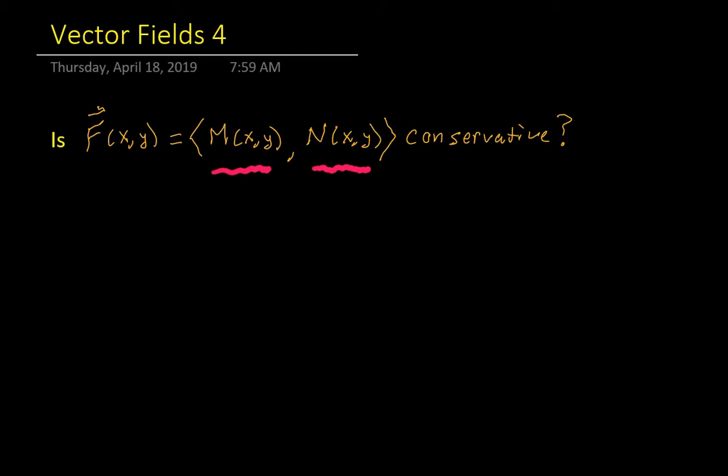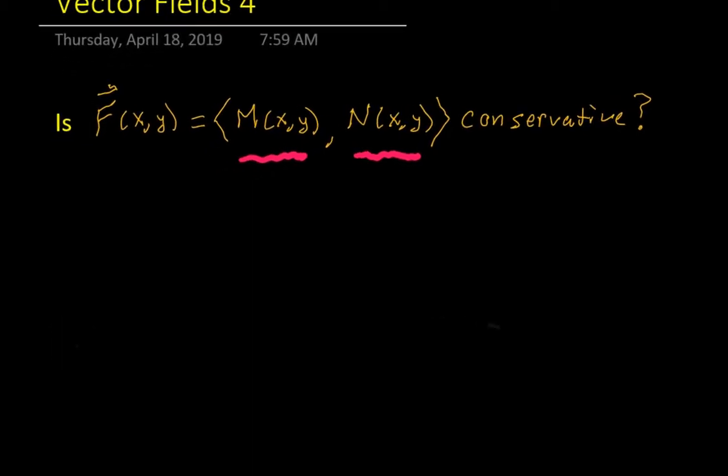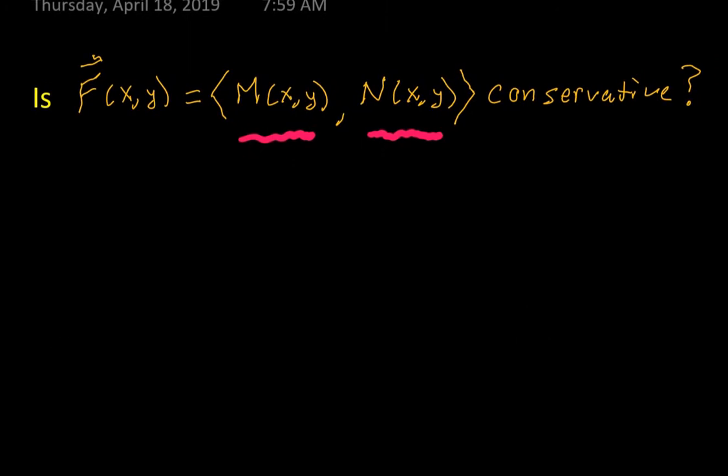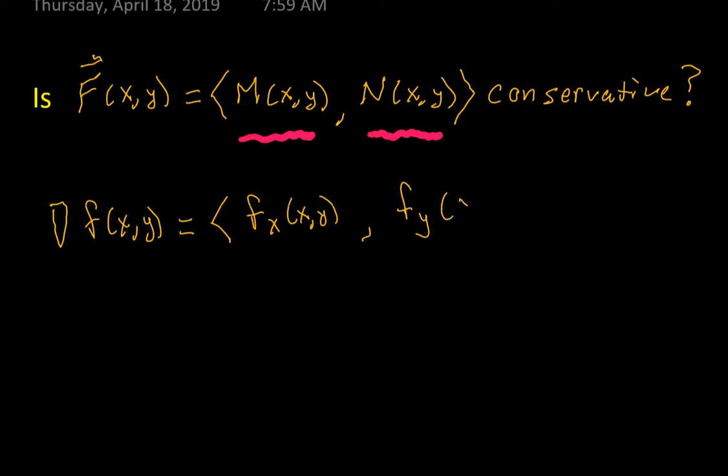So let's go back and remind ourselves what exactly that statement means. If we have a conservative vector field, then we know that it came from the gradient of a function, so there'd be a gradient of some function of x and y, and that first component would be the x partial derivative of that function, and the second component would be the y partial derivative of that same function.